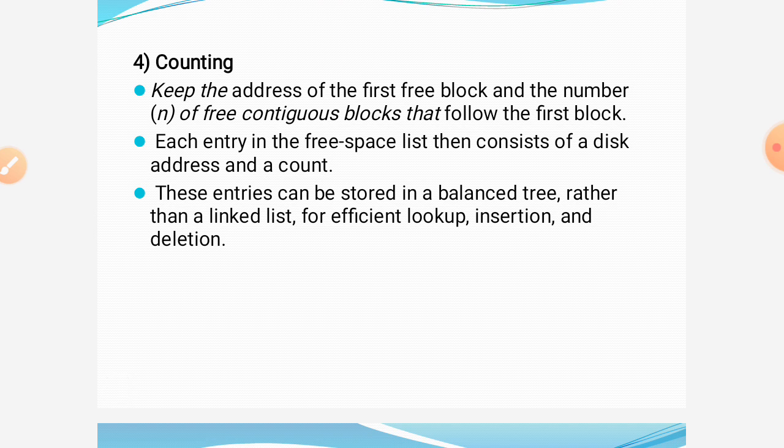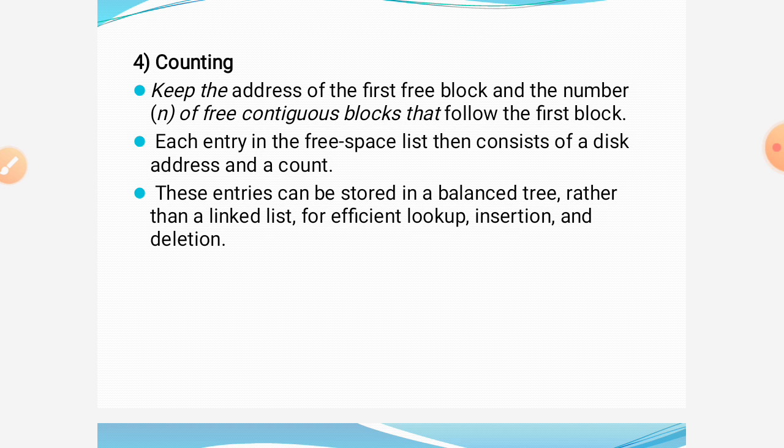Generally, several contiguous blocks may be allocated or freed simultaneously, particularly when space is allocated with the contiguous allocation algorithm or through clustering. For example, in the last case, 5 contiguous blocks may be available, and the first block stores all the addresses.